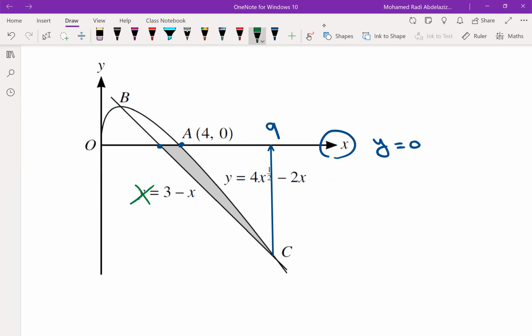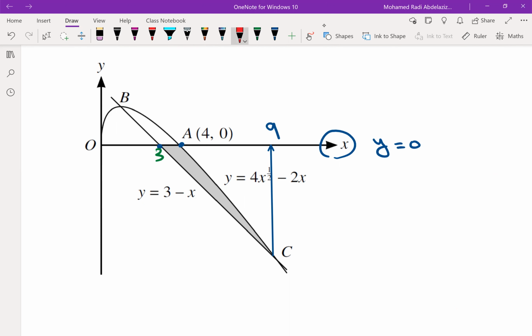Just use y is equal to 0. You will get x is equal to 3. By the same way, for the function, the graph cuts x-axis, y is equal to 0. And to solve your equation, you will get 2 points, 0 and 4, but it's already given. Maybe in another question it's not given, so you have to find it.